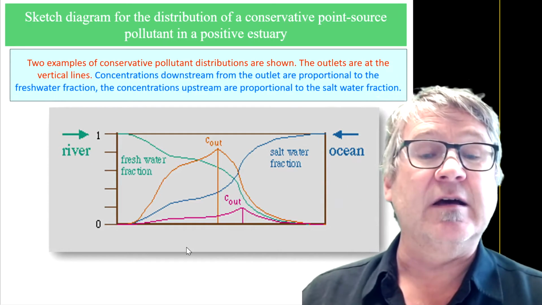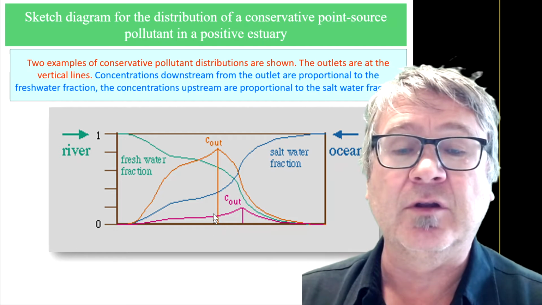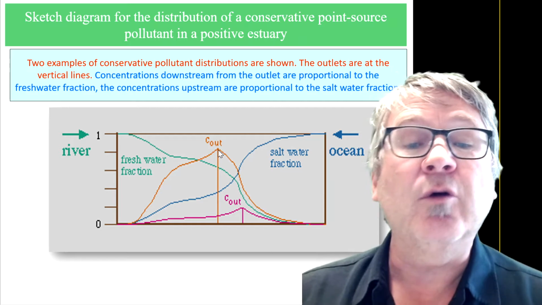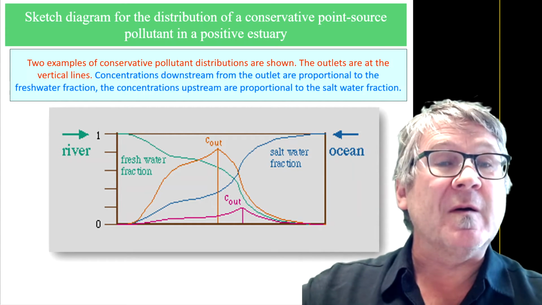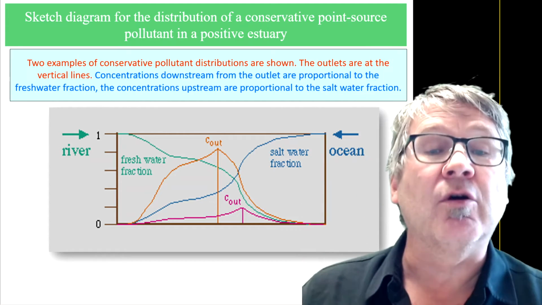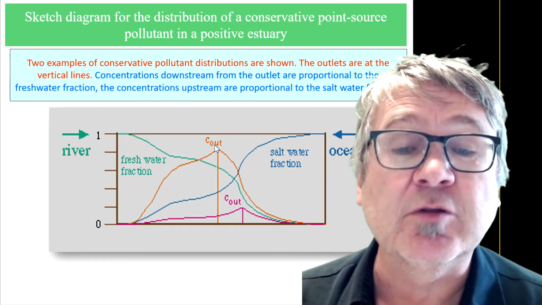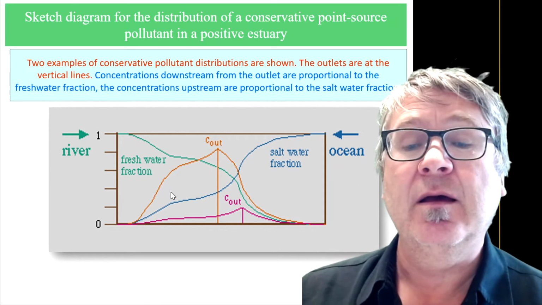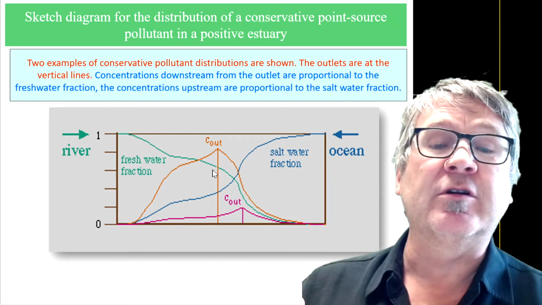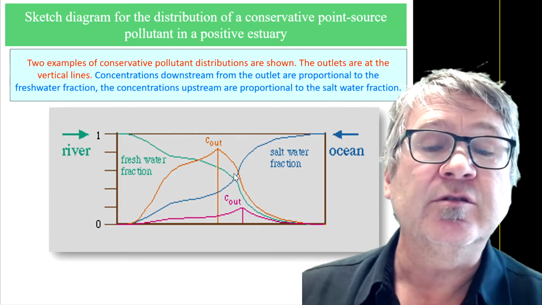Okay? So for example, you have one outlet here with the orange curve. You plan to build an outlet here. Okay? And now you have to base your steady state distribution that you get in the long run, either on the blue curve, which is the saltwater fraction as you move upstream in your estuary, or the freshwater fraction, which is the green curve as you move down towards the ocean.